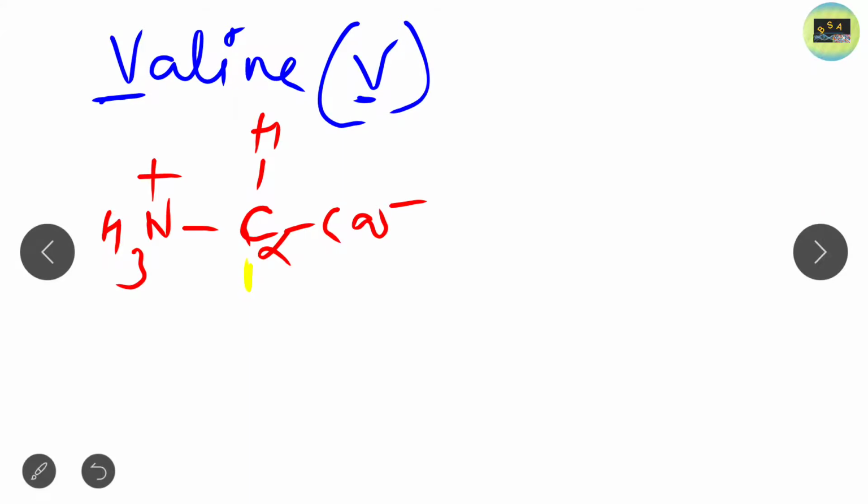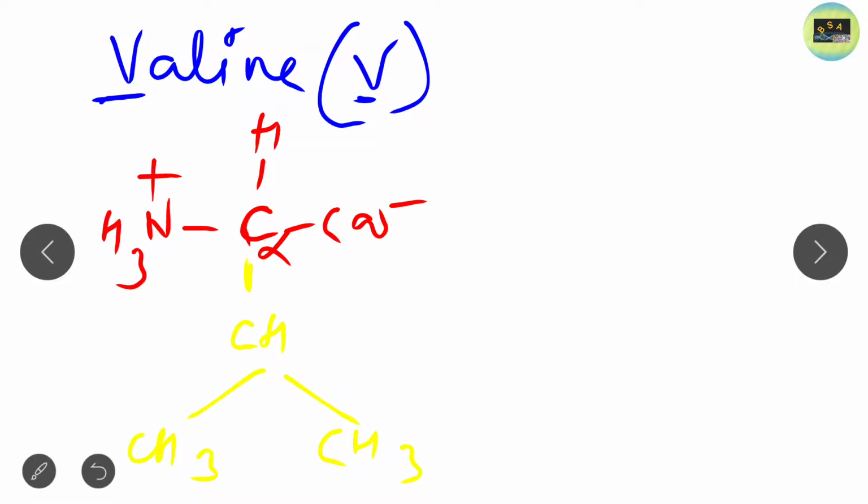Okay, so we know that in alanine a CH3 group is present. But in case of valine, just remove the 3 and put CH and just make 2 CH3 like this. Clear? This is the structure of valine.